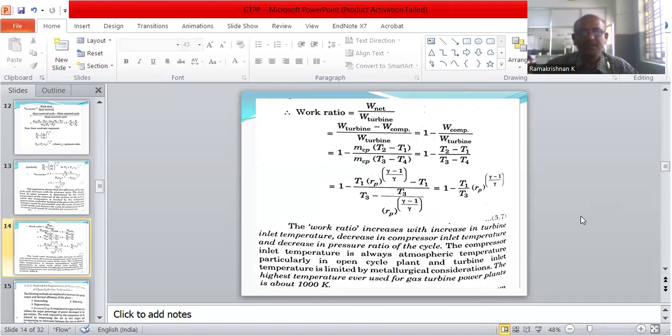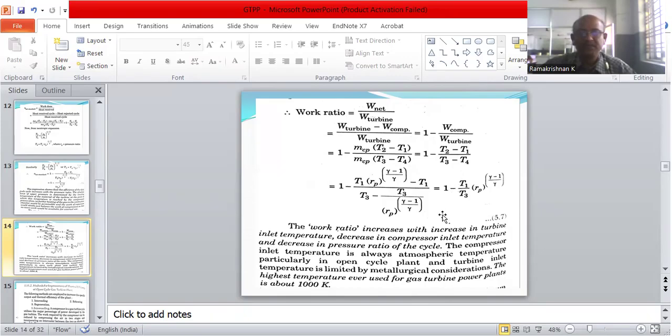Similarly, work ratio is the net work developed divided by turbine work. Here the net work is the output from the turbine, but it is the useful output. The compressor work is consumed, so we have to subtract the compressor work: turbine work minus compressor work, divided by turbine work.